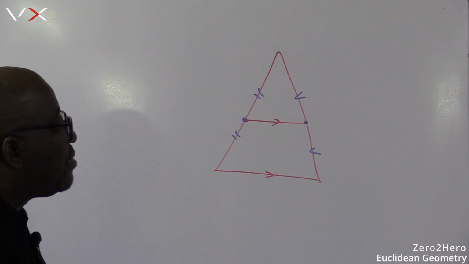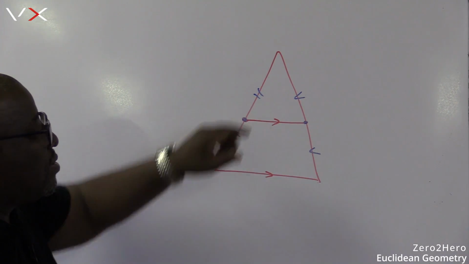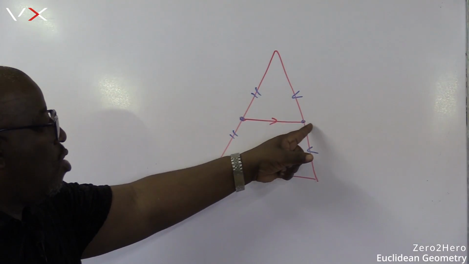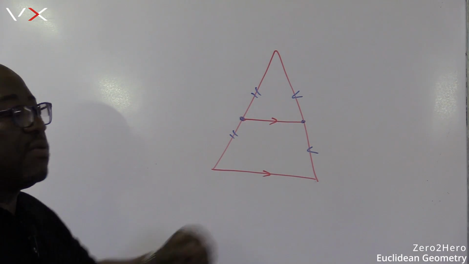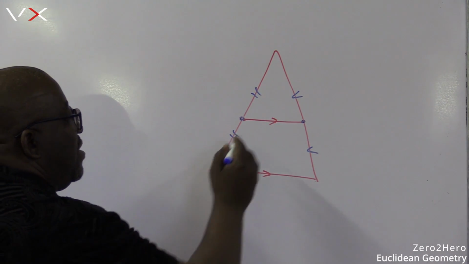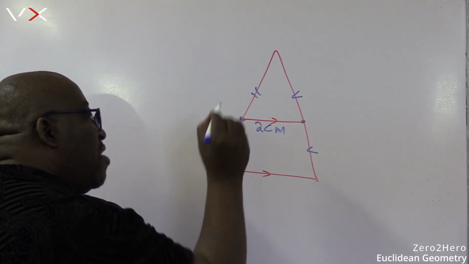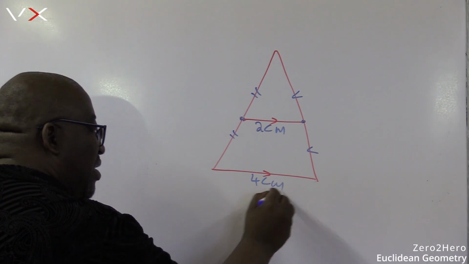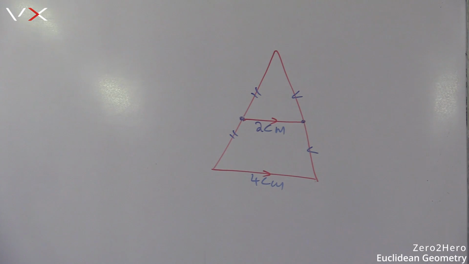The theorem says, if this is the midpoint, this distance from here to here will be half of this distance. In other words, if this is 2 centimeters, the theorem says this definitely will be 4 centimeters. This is what the midpoint theorem says.